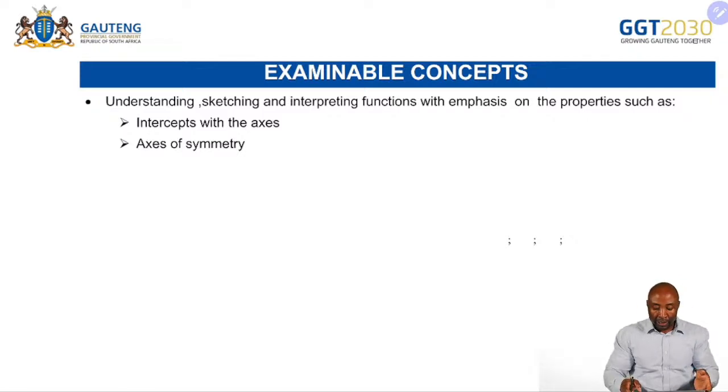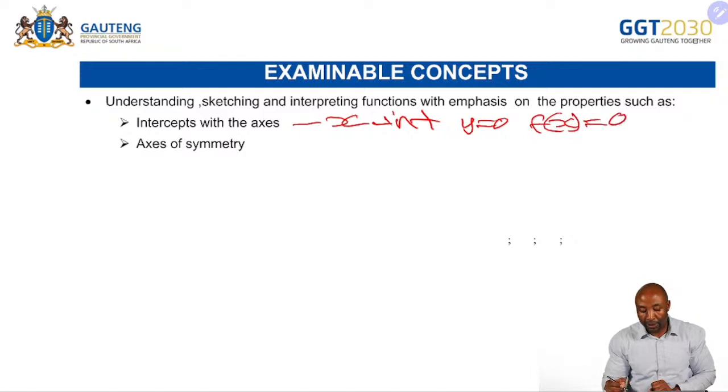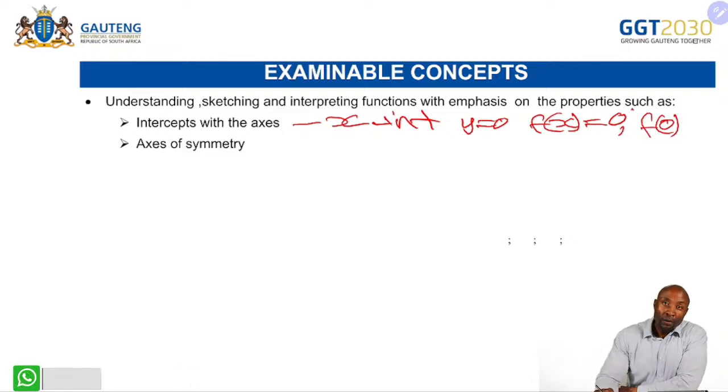For the x-intercept, we know that our y is equal to 0, or we are solving the equation f of x, g of x equals 0. For the y-intercept, we let our x be equal to 0, and we evaluate f of 0, g of 0, k of 0, depending on how the function is given.